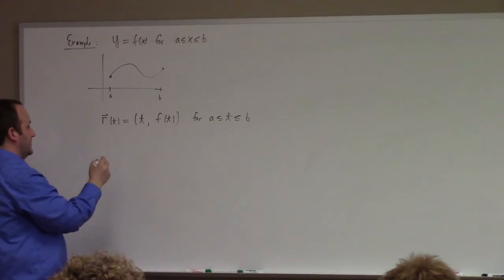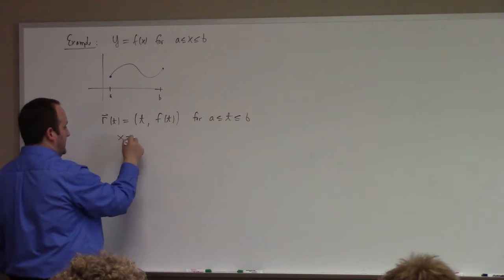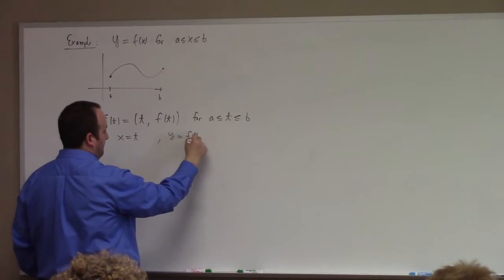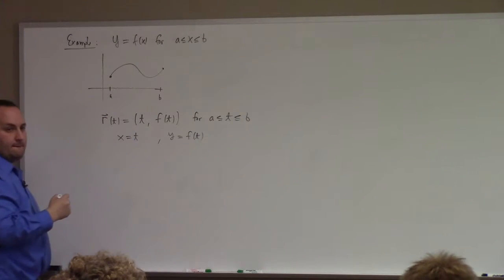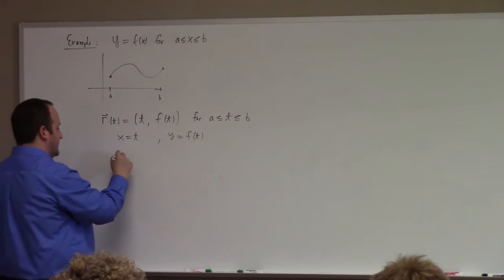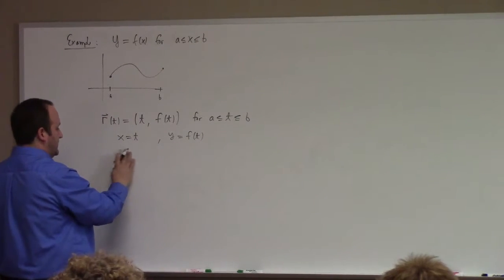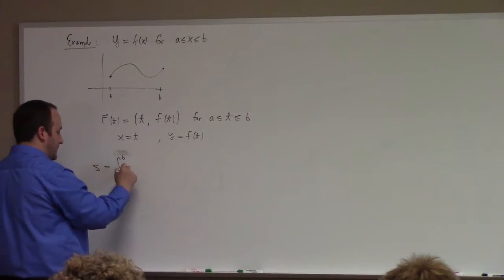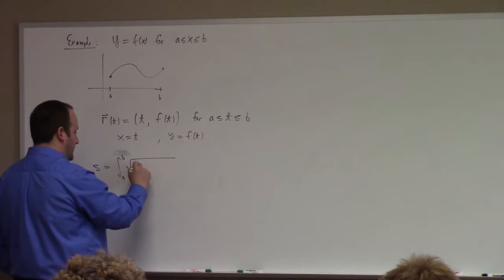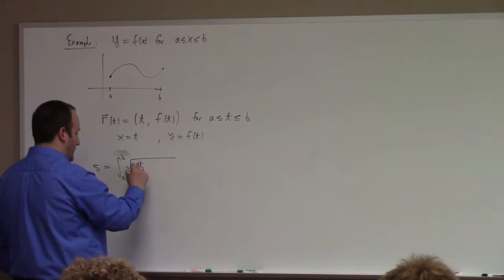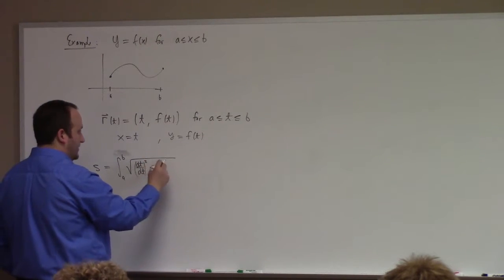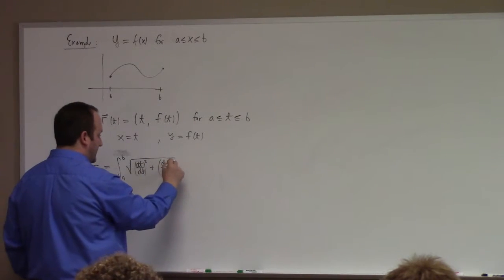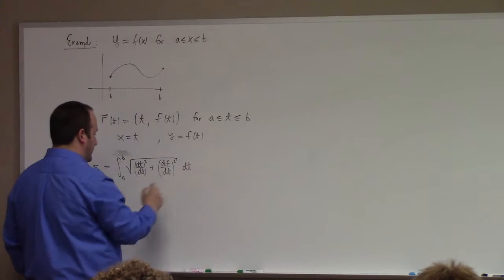In other words, x is equal to t, y is equal to f of t, right? So then what do you have? You've got dx/dt is what? Well, let me just get to the point. The arc length then is the integral from a to b of the square root of (dt/dt) squared plus (df/dt) squared dt, right?